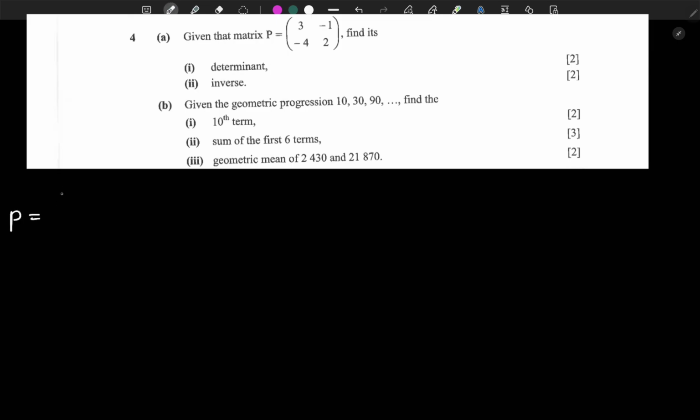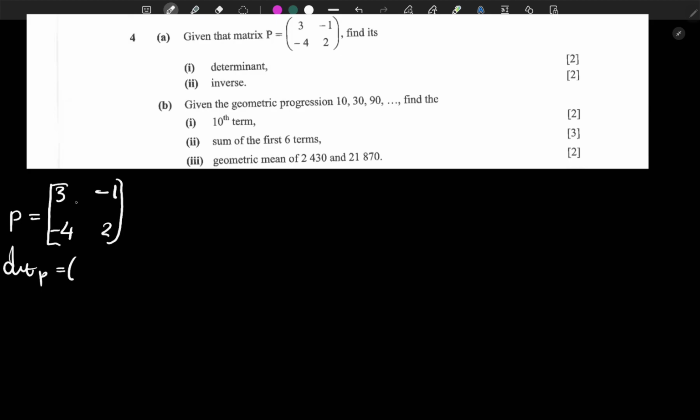So matrix P with the entries 3, -4, -1 and 2. And if you look at the first question, Roman number 1, we are told to find what we call the determinant. So what you do, the concept is the same.